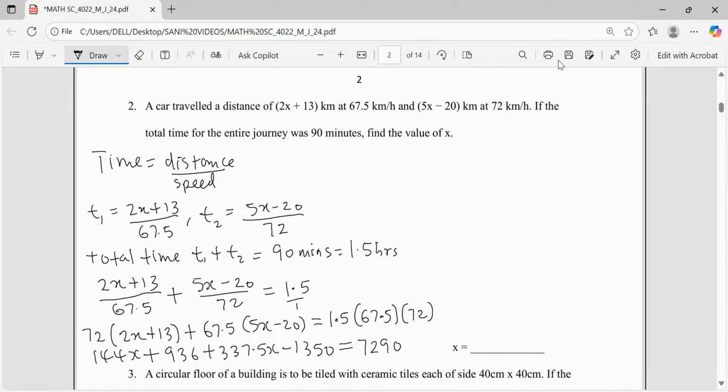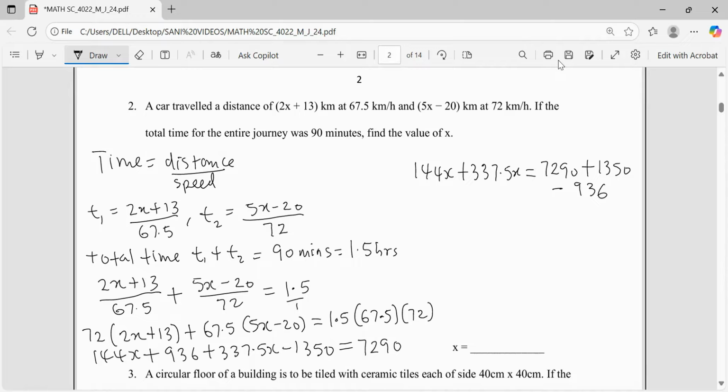So collecting like terms, you have 144x plus 337.5x. Then at the right hand side, you have 7290 plus 1350 minus 936.